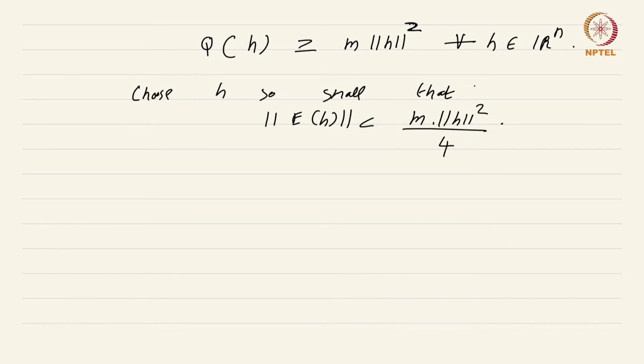This can be done because E of h by norm h squared goes to 0, therefore norm E of h by norm h squared also goes to 0 as h goes to 0. The error term is sublinear. So the net upshot is f of a plus h will be greater than f of a plus m by 4 by norm h squared. Check this.